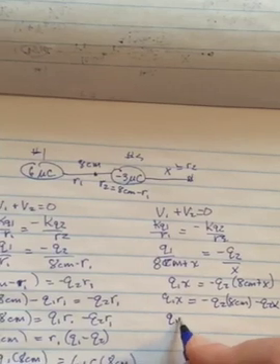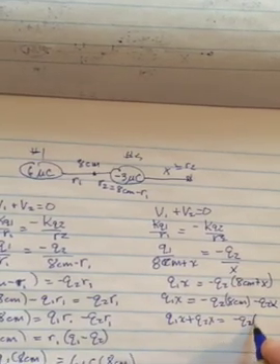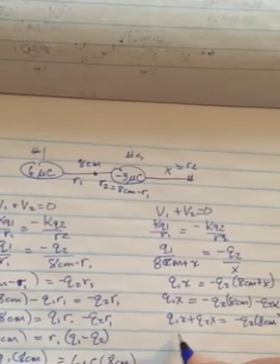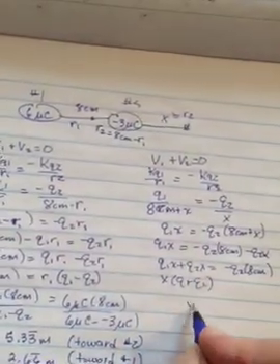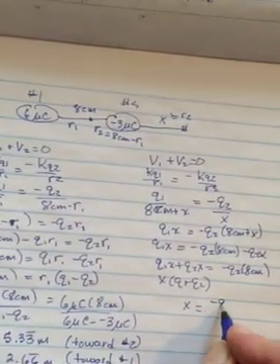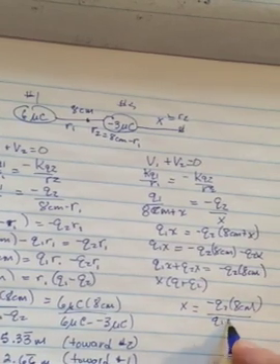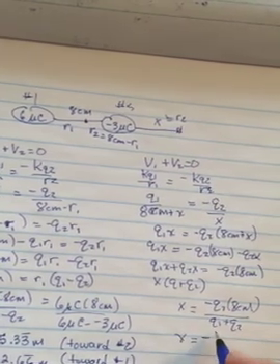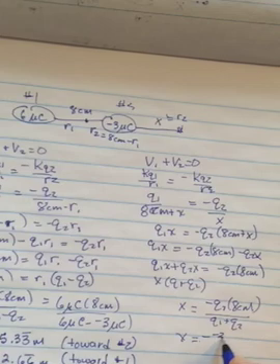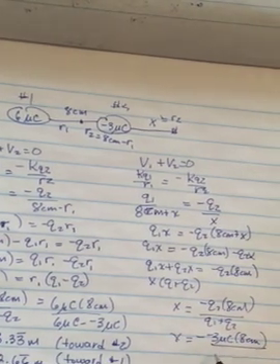Bring that over. Q1x plus Q2x is equal to negative Q2 times 8 centimeters. Pull out the x, Q1 plus Q2, and divide. And so we'll have x is equal to negative Q2 times 8 centimeters over Q1 plus Q2. Fill in your values. Negative 3. So that'll be a positive. Times 8 centimeters. That'll be 24.